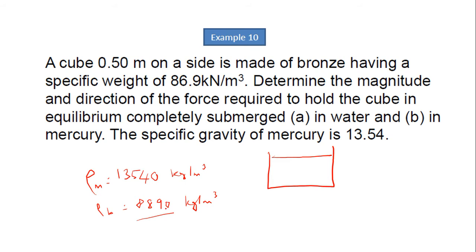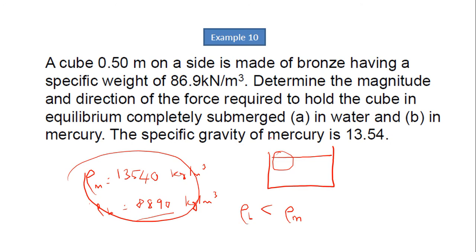Sinking in water. But the density of bronze is 8,000 compared with 13,000 for mercury. So the bronze density is lower than the density of mercury. So if your object density is lower, you float. Kalau kita letak bronze tu, dia terapung kat mercury.